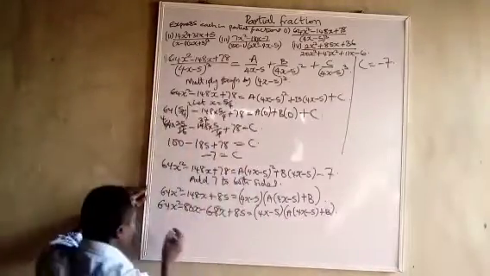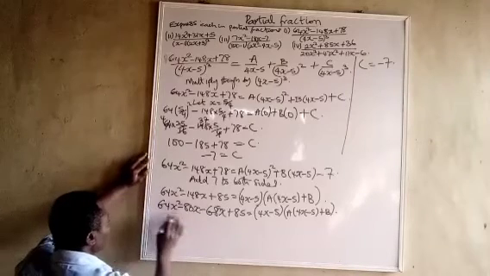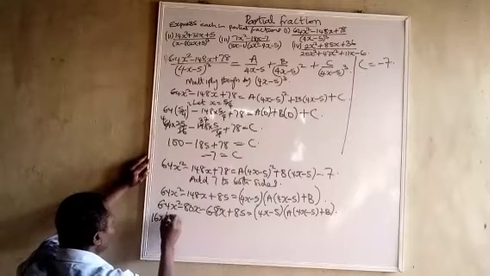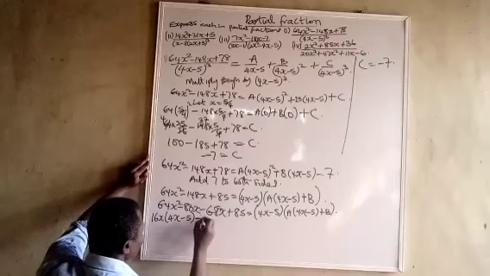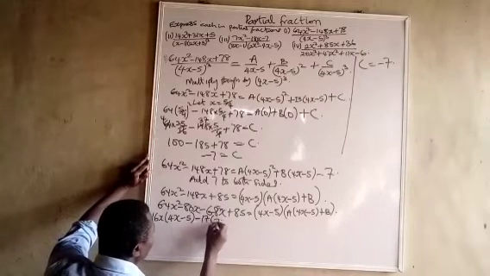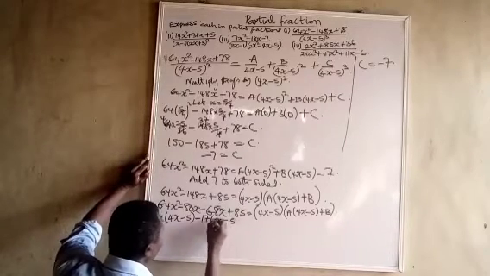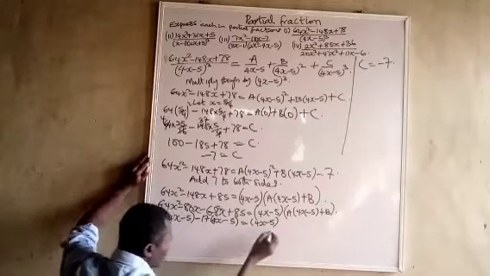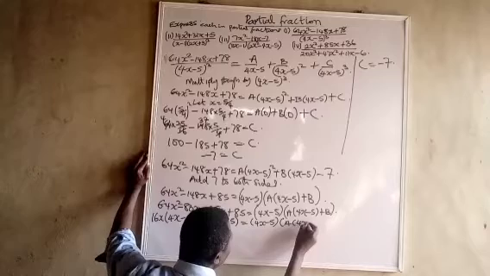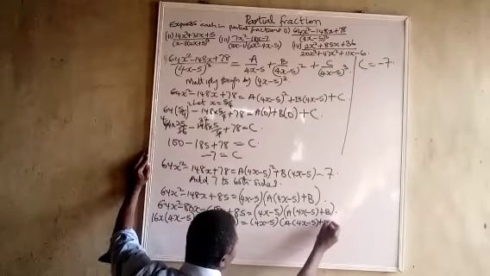Then let me factorize this side. 16 is a factor of this. I have 16x into 4x minus 5 minus 17 into 4x minus 5, which will give me 4x minus 5 into 16x minus 17.